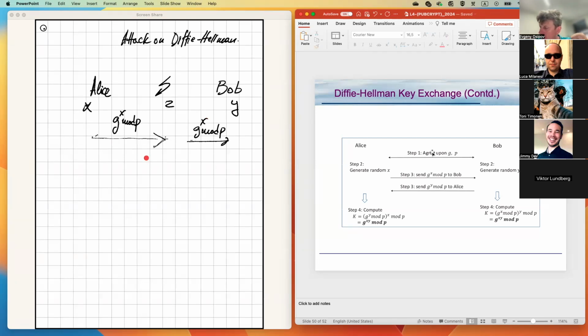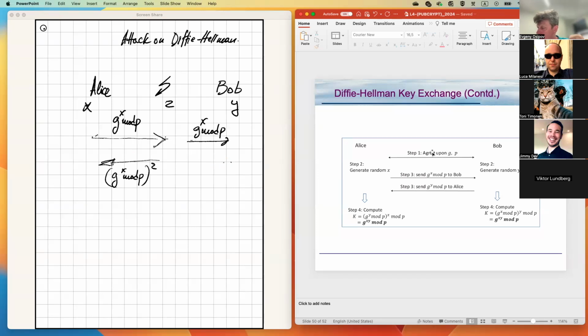And here it answers back to Alice, saying, okay, now it was your G to the power of X mod P, and I raised it to the power of Z. And the same goes here.